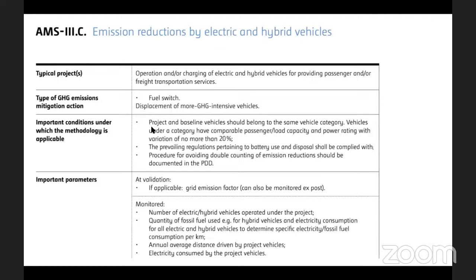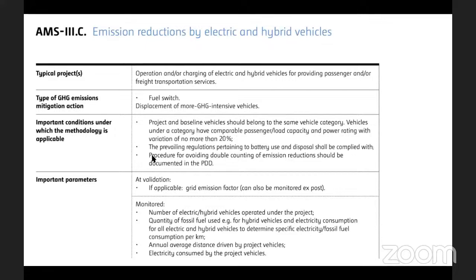Important condition under which the methodology is applicable、何を適用するか。Project and Baseline Vehicles should belong to the same vehicle category、まずは同じ大きさのカテゴリーと。The vehicles under the category have comparable passenger load capacity and power rating with variation of no more than 20%. The prevailing regulations pertaining to battery use and disposal shall be complied with.